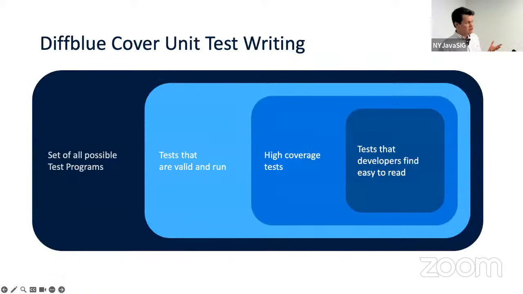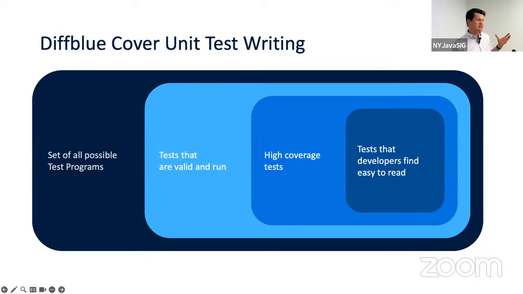If we were to look at it on a Venn diagram, we need to take the entire set of possible unit tests and narrow it down to tests that are valid and actually compile and run. We need to know that the unit test we're writing produces good, high quality coverage, so unit tests that can catch regressions.